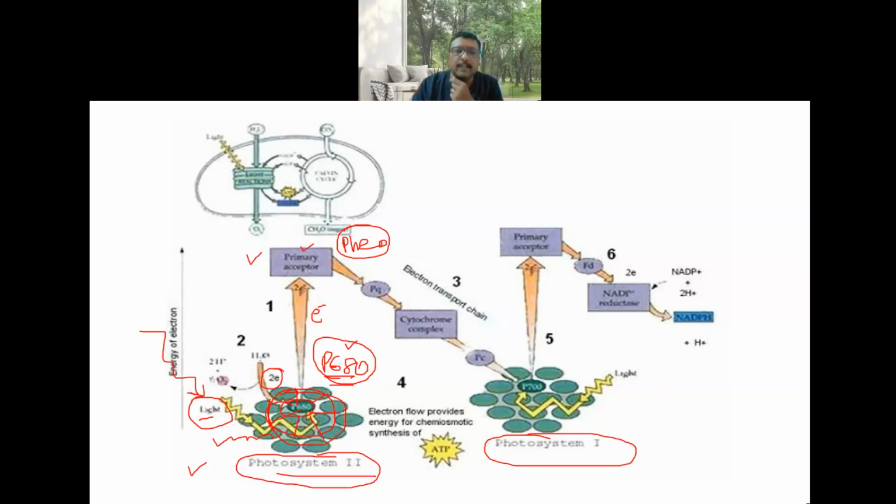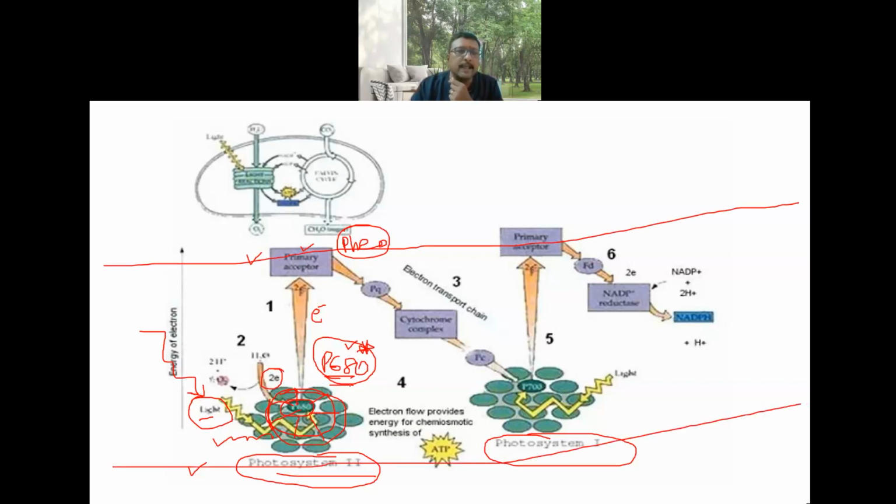You can remember that this is the thylakoid membrane. All this happens in the thylakoid membrane region, where this is the stroma part and this is the lumen part.